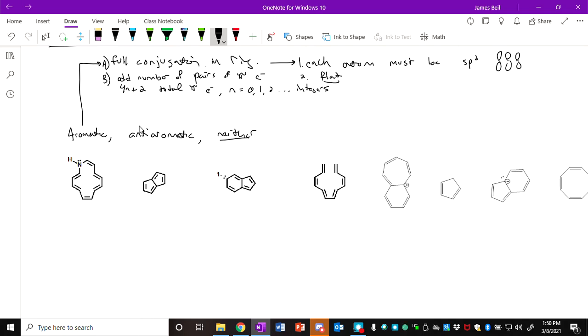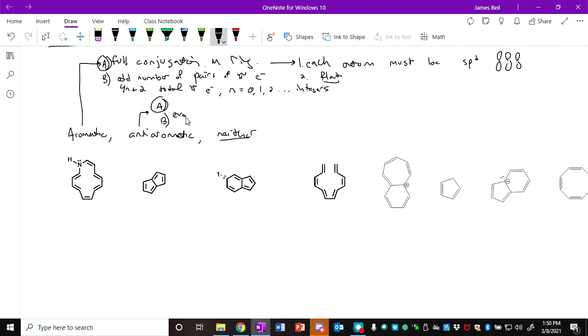To be anti-aromatic, it also requires the same criteria A, but criteria B is the opposite.